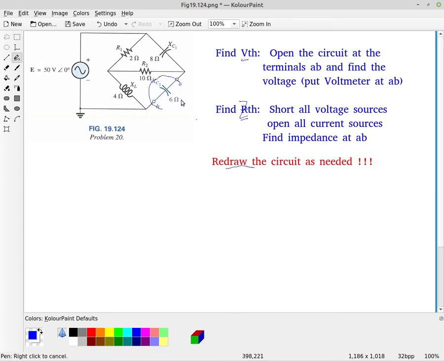Remember, Thevenin says that you're going to break the circuit at two points. Here the points are A and B, but you could break the circuit at any two points, and then you can find the Thevenin voltage and the Thevenin impedance. So we're going to open the circuit at these two points, basically just taking out this capacitor.